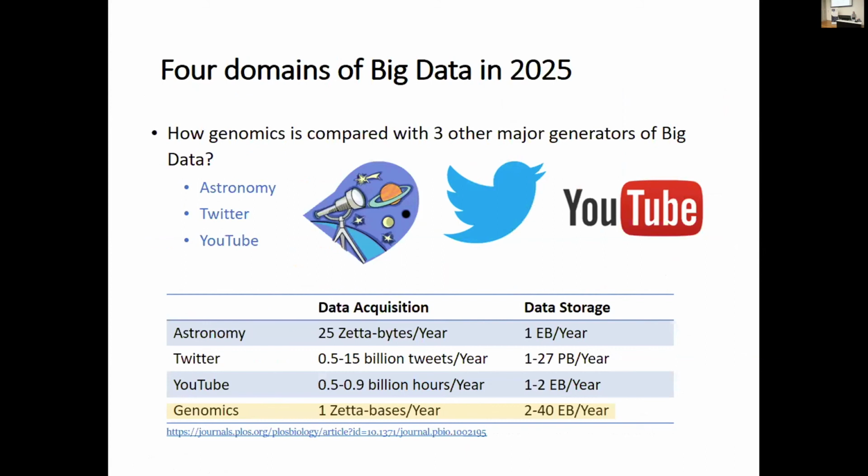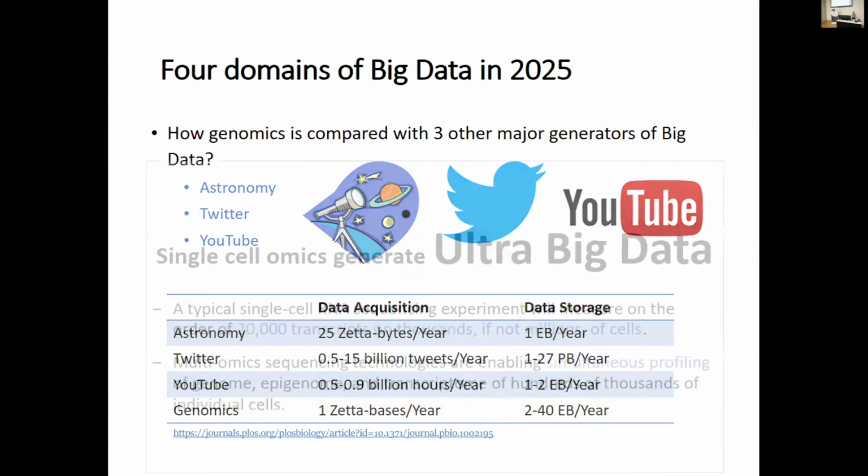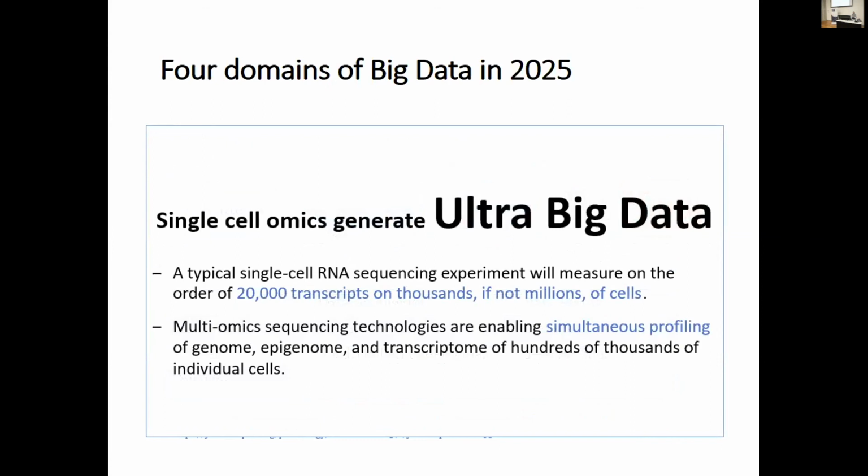Getting back again to the four domains of big data, I would say that single cell omics generates ultra big data. A typical single cell RNA sequencing experiment will measure on the order of 20,000 transcripts in thousands, if not millions, of cells. This is one single experiment, and you can imagine how it would be extrapolated to all the samples, all the patients, once we have this technology settled down.